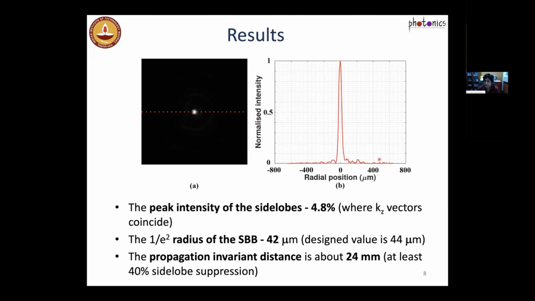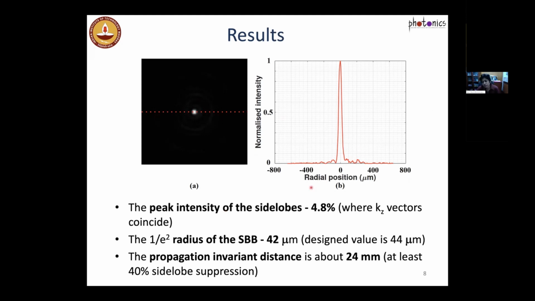So these are the experimental results. If you look at the central core, I'm not sure if it's clear, there are side lobes visible here, but they are of very lower intensity. And if you take a cross section, you can see that it's very reduced.